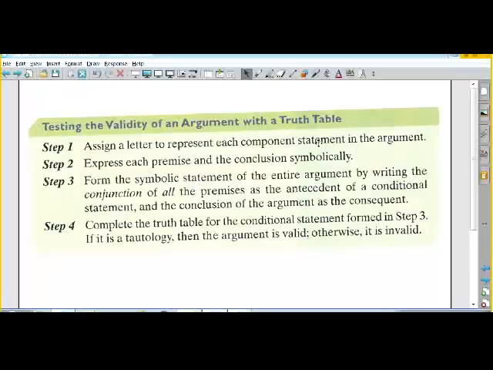That's what we did: we took each premise, connected it by the and, grouped that together with a bracket, then pointed the arrow to the conclusion, which is called the consequent. You complete the truth table for the conditional statement. If it is a tautology, which means they're all truths, then the argument is valid. Otherwise, if you have just one false in that whole table, that makes the argument invalid.